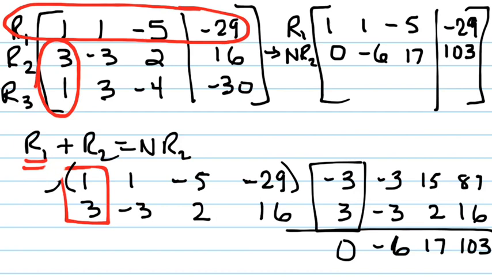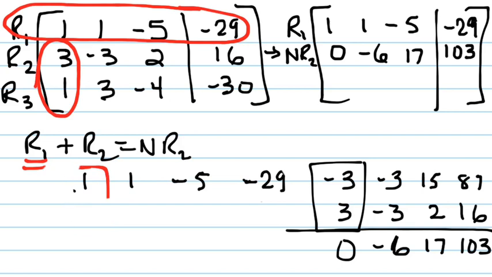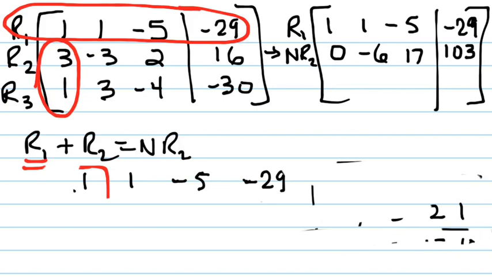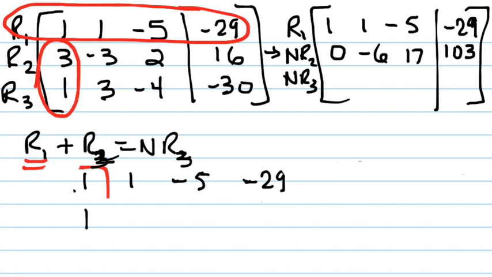All right? Now, there's our new row 2. Now we're going to do the same thing. Notice I'm just going to leave row 1 up there. Right? I'm going to get rid of all of this, though, all the math that I did. And we are using row 3 to get a new row 3. Right? So new row 3 is what we're working on. So, row 3 is 1, 3, negative 4, negative 30.